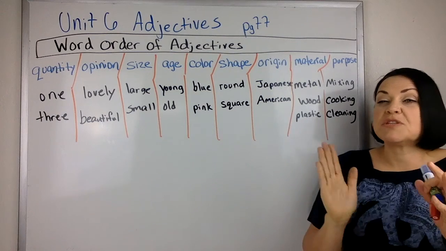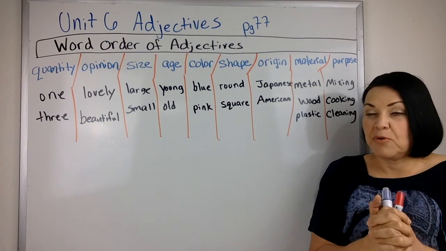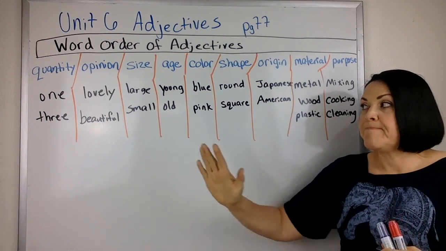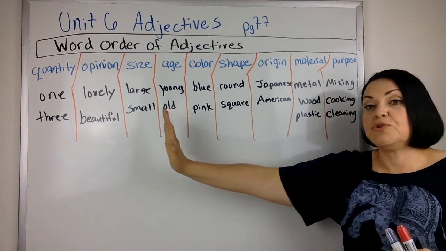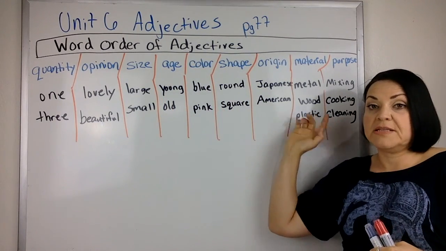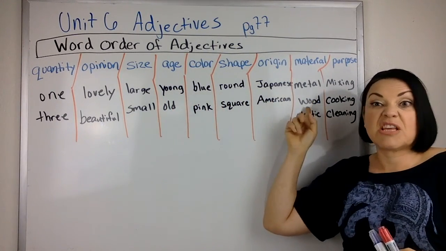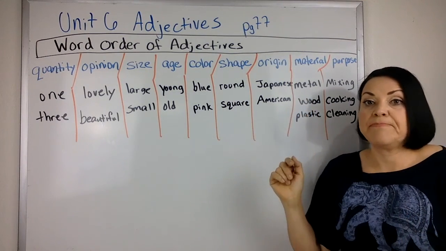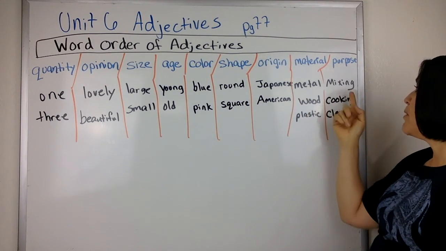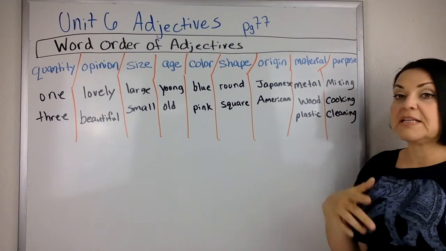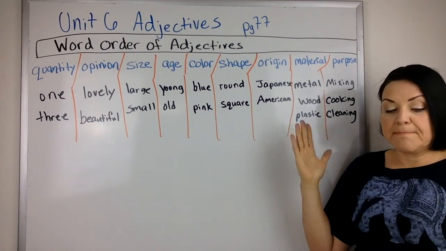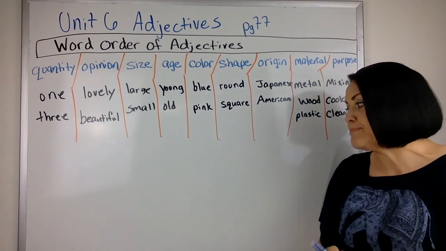Remember, I'm just giving you a small example. There's so many adjectives, but whatever adjective you use, it would go under one of these categories, one of these lists. And then the last one would be purpose, mixing, cooking, or cleaning. I put this one so I can make an example for you.